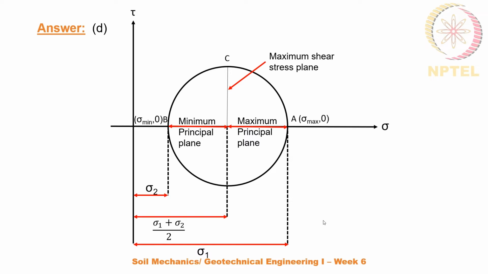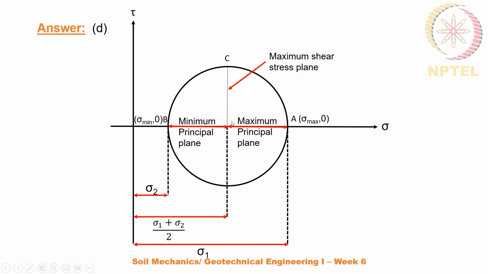So that is a principal plane with zero shear stress and maximum and minimum normal stress at points A and B respectively. The maximum shear stress plane is represented by C, that is in the positive y direction towards the point C is the maximum shear stress, and the maximum shear stress plane is this particular plane.